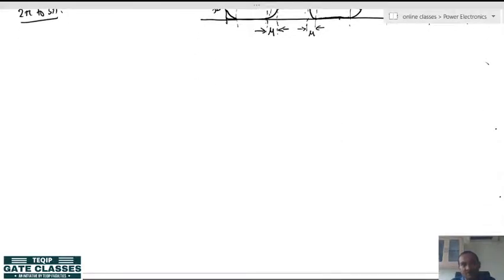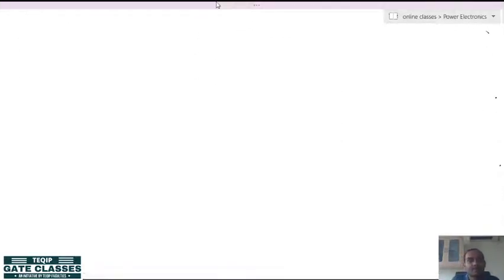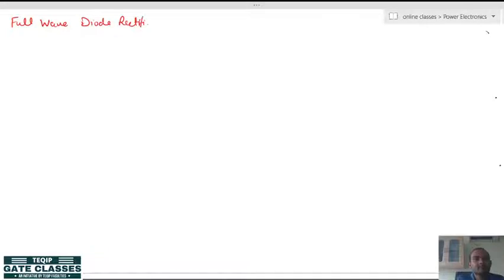What is happening there? Full wave diode rectifier. So, now for the full wave diode rectifier, let us draw the circuit.